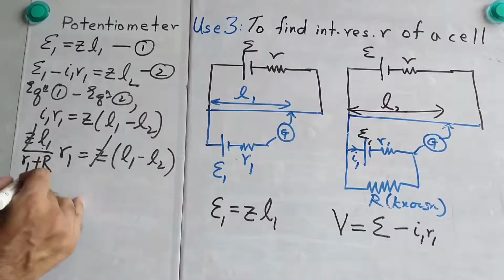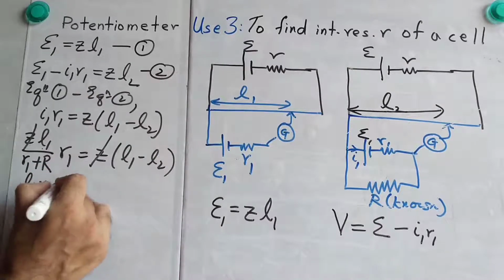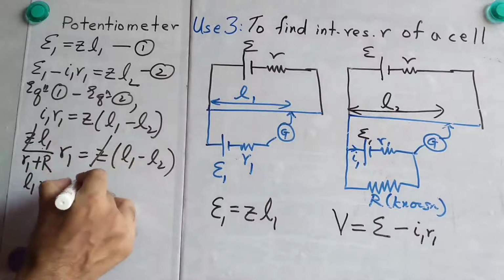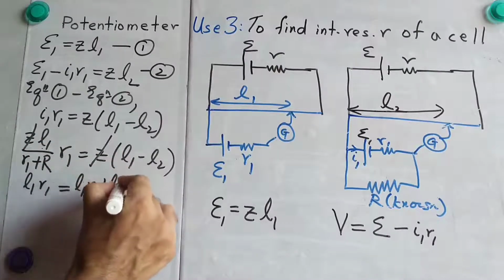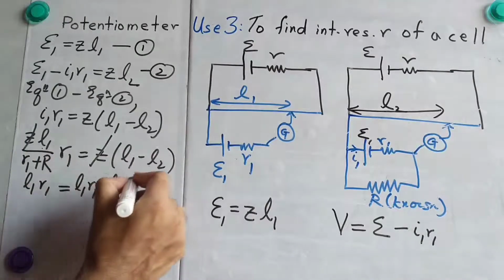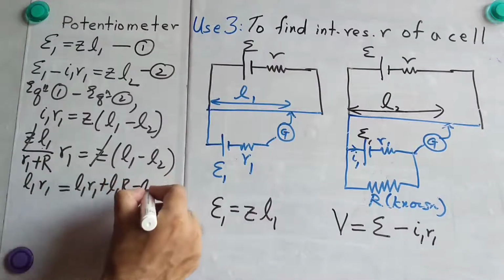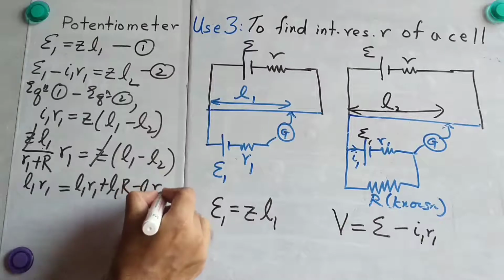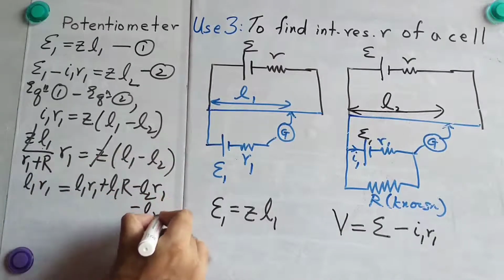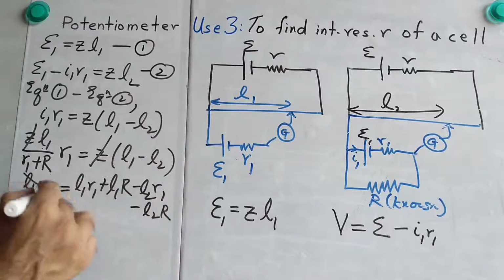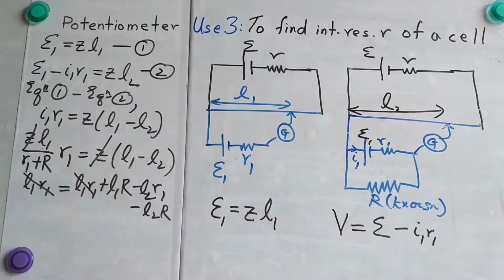So we get here L1 R1 equal to L1 r1 plus L1 capital R minus L2 r1 and minus L2 capital R. So L1 r1 cancels.